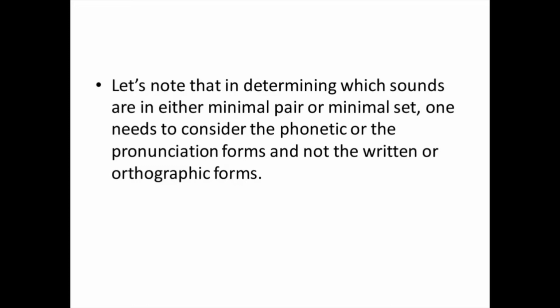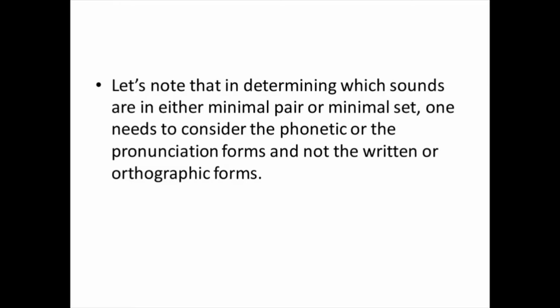So to be able to tell whether a sound is a phoneme or not, there are various tests that you can use, but the commonest of the tests we use is the minimal pair test or minimal set test.